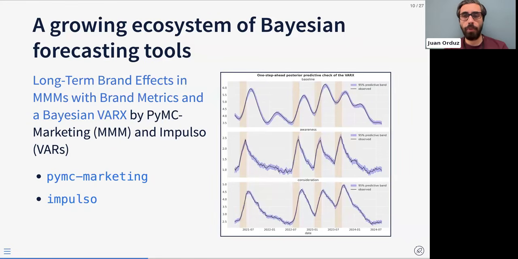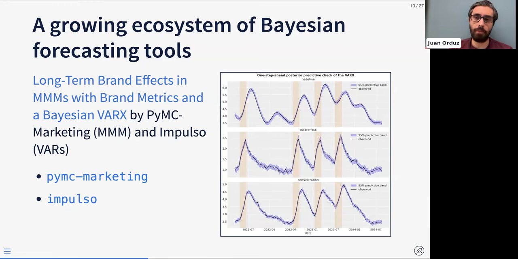So very recently, we released PyMC-Marketing version 1.0, and in that release, we showcase how you can combine classical media mix models, which by themselves can be seen as forecasting models, with vector autoregressive models, VAR models, to estimate long-term brand efficiency. This is an idea that has been around for 3 or 4 years, from a paper by Kane.